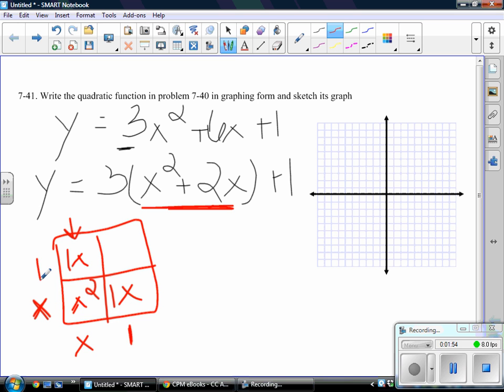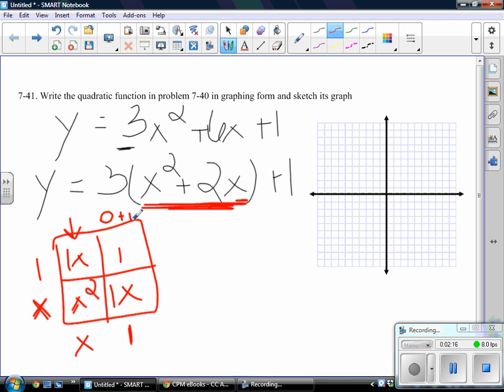So in this top right corner, 1 times 1 would give me a 1. But I really have no constant term in the parentheses. It's x squared plus 2x. I could write plus 0 if I wanted to. So I have 0, and I need to get to 1. So I'm going to add 1.